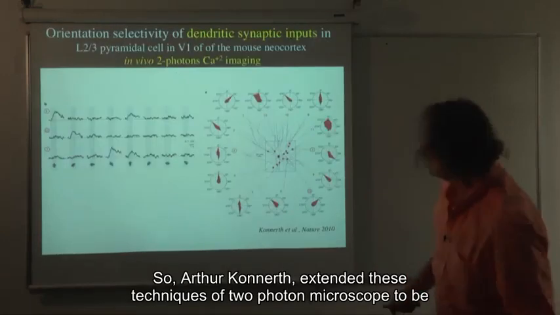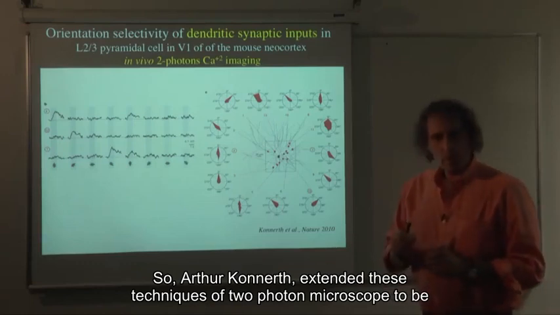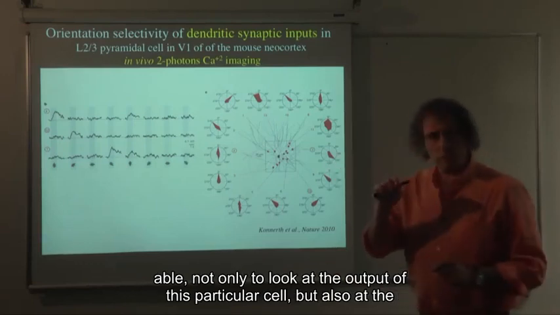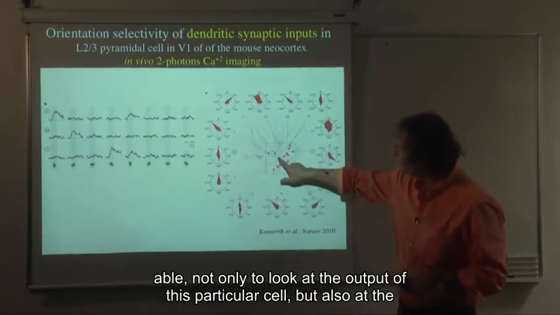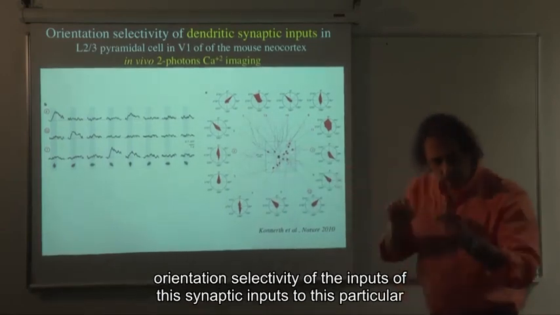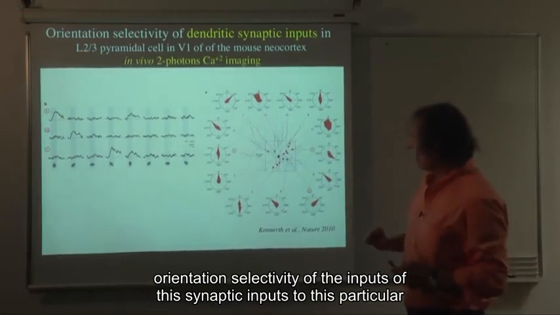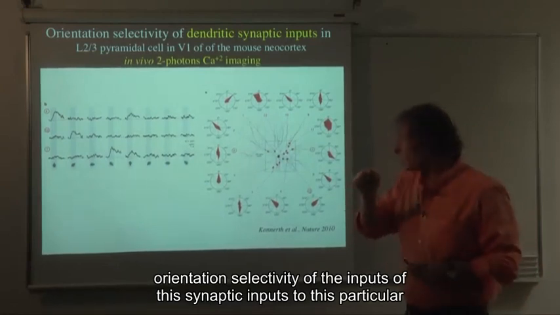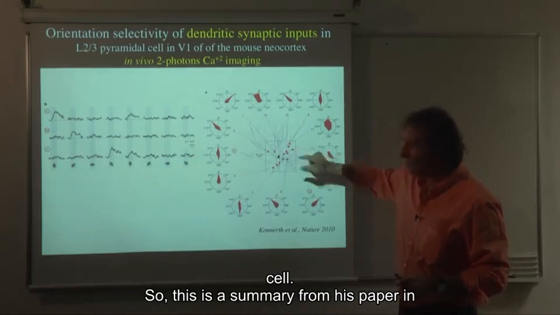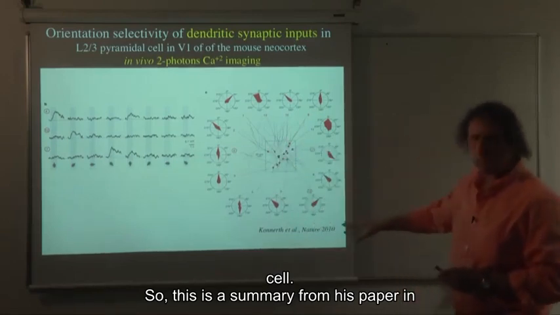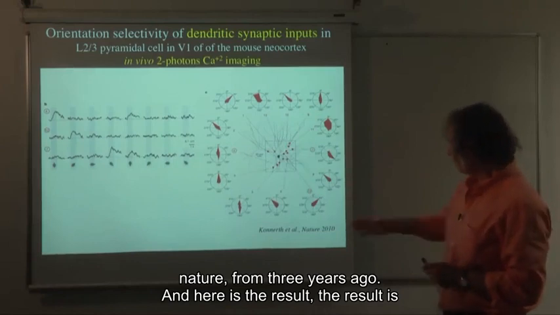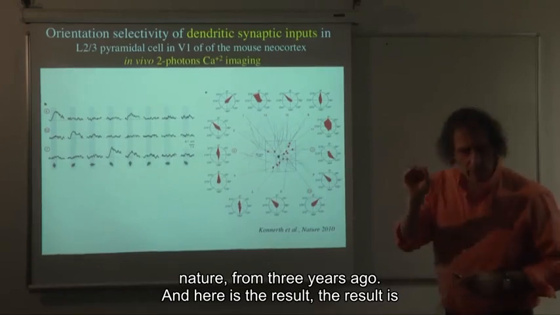So Arthur Konnerth extended these techniques of two-photon microscopy to be able not only to look at the output of this particular cell, but also at the orientation selectivity of the inputs, of the synaptic inputs to this particular cell. This is a summary from his paper in Nature from 3 years ago. And here is the result.